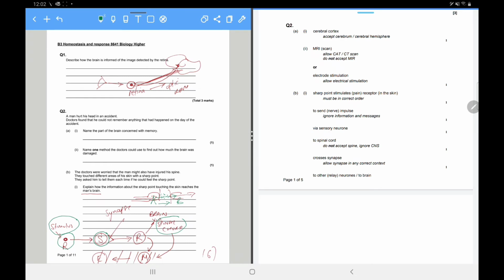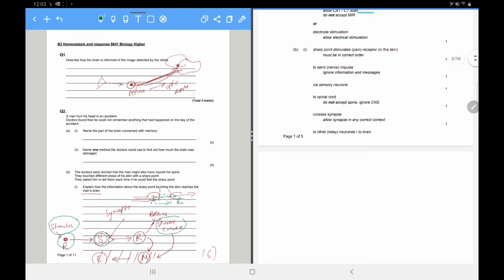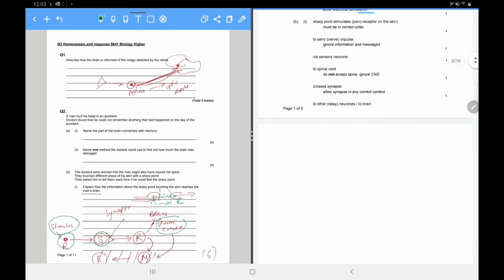I've mentioned the relay neuron, which takes the signal, crosses the synapse, and as I said, a neurotransmitter crosses the synaptic cleft. That's going into more detail than you need, but I'd put it in, to other relay neurons to the brain. You can see that all the information I have talked about, I'm putting in.